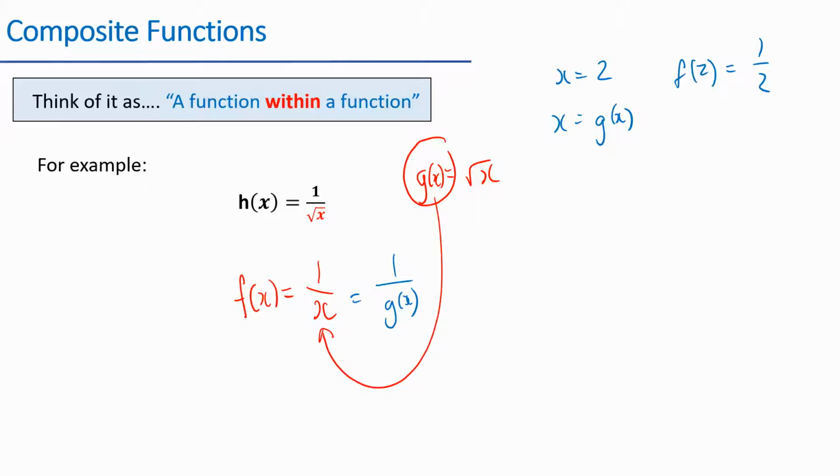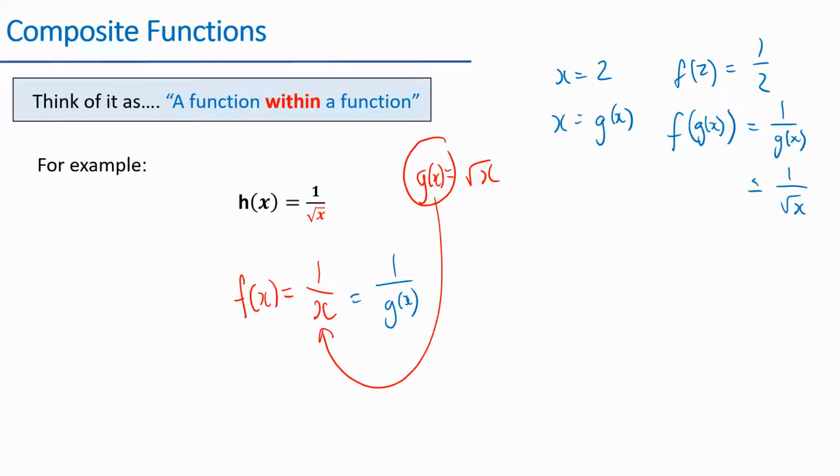Then you would say it's f of, and instead of 2, it would be g of x. So you substitute g of x in, and you would say it's 1 over g of x. But since g of x is equal to root x, then you would say this is essentially 1 on root x. Have I confused anyone? Just take a moment, try to think about that.